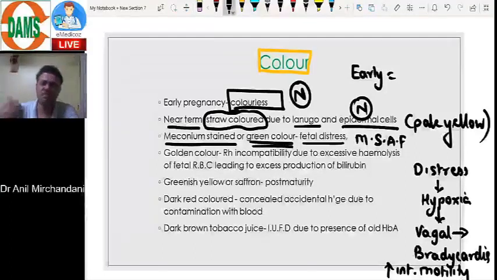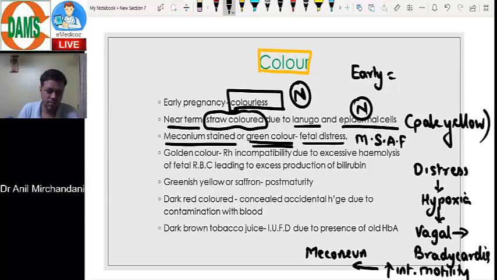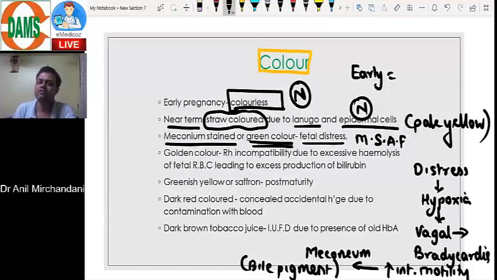See the sequence: distress, which means hypoxia. Hypoxia leads to vagal stimulation, then bradycardia, and then increased intestinal motility. Increased intestinal motility will lead to passage of meconium. And meconium is green in color because of bile pigments. So green amniotic fluid will tell us that the baby has distress.